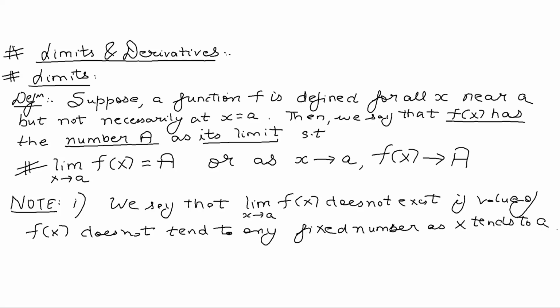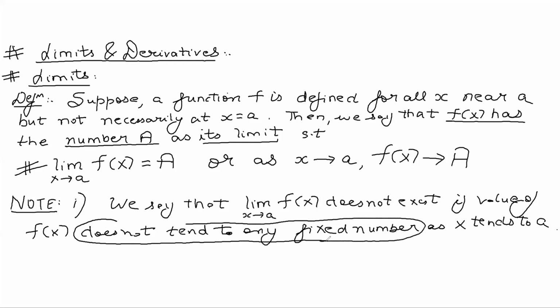So guys, we will simply say that the limit of the function will not exist if f of x does not tend to any fixed number as x tends to a.